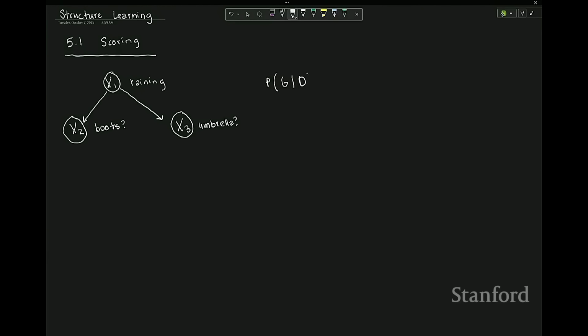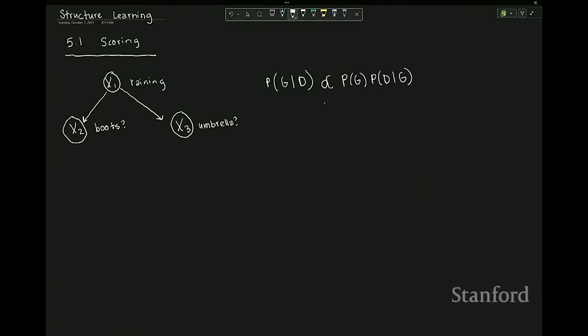What we're looking for, in other words, is the probability of a graph given our observed data set. From Bayes' rule, we can see that this will be proportional to the probability of the graph times the probability of data given the graph.